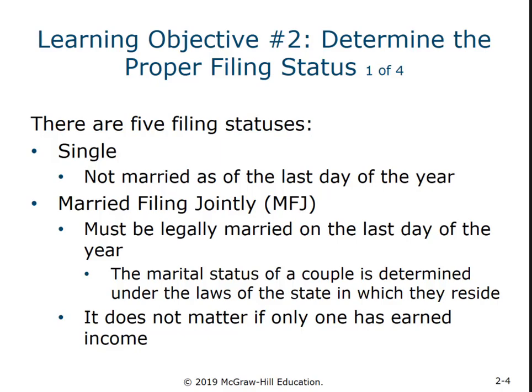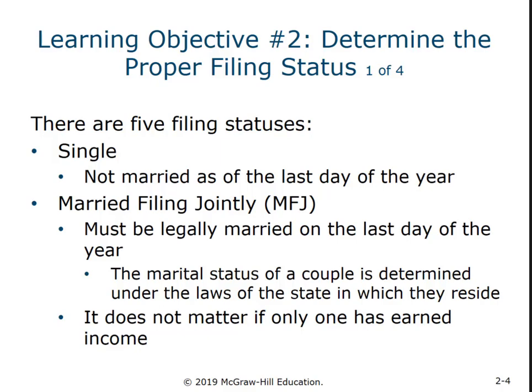So they would have their own tax return and report their own income. Everybody reports their own income except for 2 people who are married filing jointly. They file together. That's the only group that's allowed to file as one or as a group.